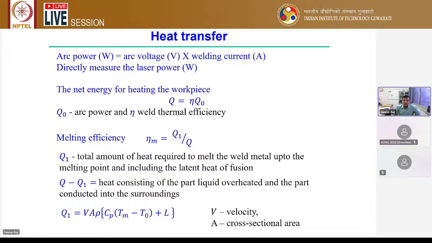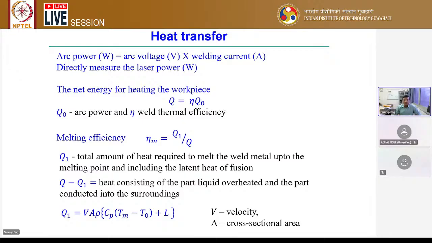Q1 equal to V, the welding velocity, times A, the cross section measured normal to the velocity vector, times rho, the density. This indicates the mass flow rate. Then specific heat times Tm minus T0. That means the heat energy required to raise the temperature from room temperature to the melting point temperature.